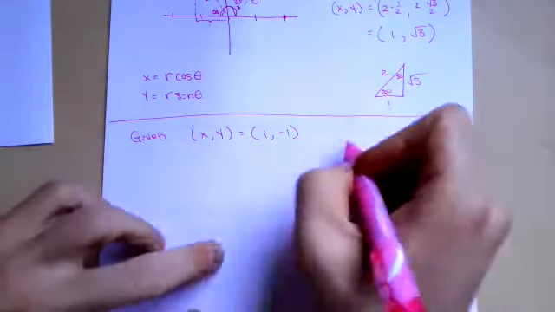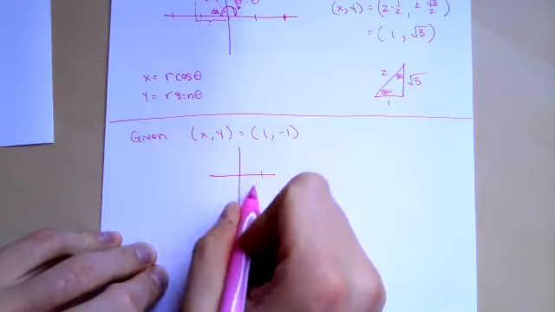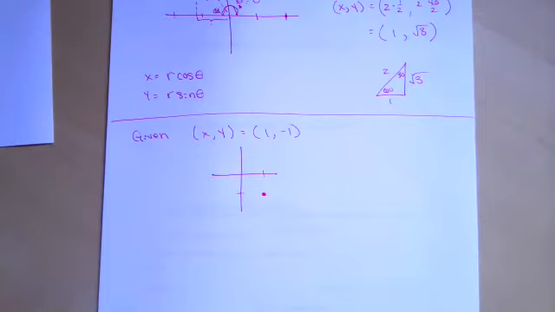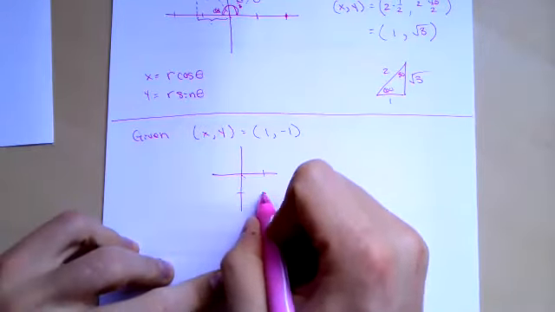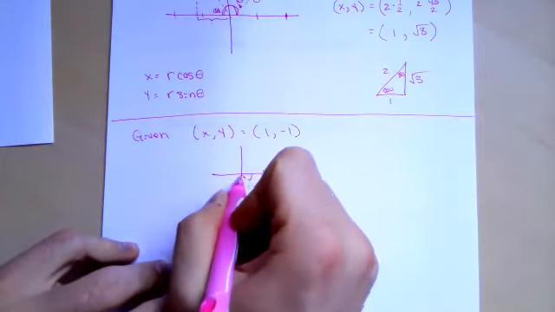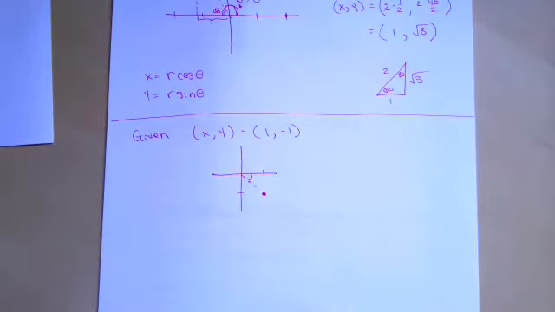So (1, 1) is an easy one to graph. (1, -1): let's go over 1, down 1. And we need to come up with the radius as well as an angle. Either a negative angle or, of course, multiple angles will work depending on where we want it, 0 to 2 pi, or if we want to allow, minus pi to pi.